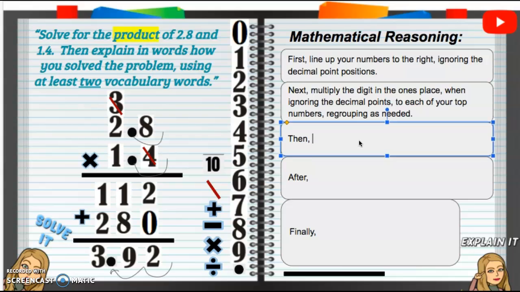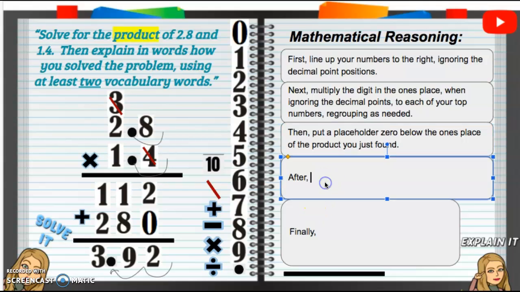Then, well, after we multiplied through this 4, we put a placeholder 0 under that 2. So then, put a placeholder 0 below the ones place of the products you just found. So we put our placeholder 0 there.